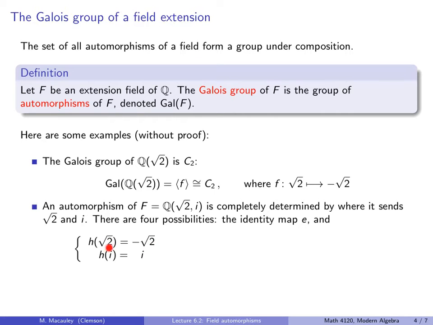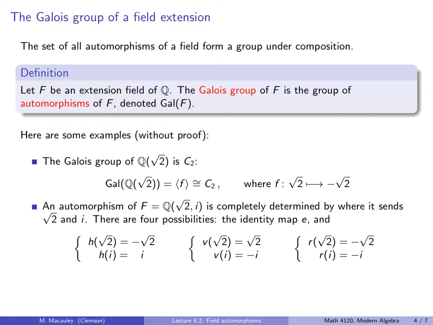So h of root 2 equals negative root 2, and h of i equals i. There's the map that fixes root 2 and swaps the sign of i. So v of root 2 equals root 2, and v of i equals negative i. And there's the map that swaps both of them. So r of root 2 equals negative root 2, and r of i equals negative i.